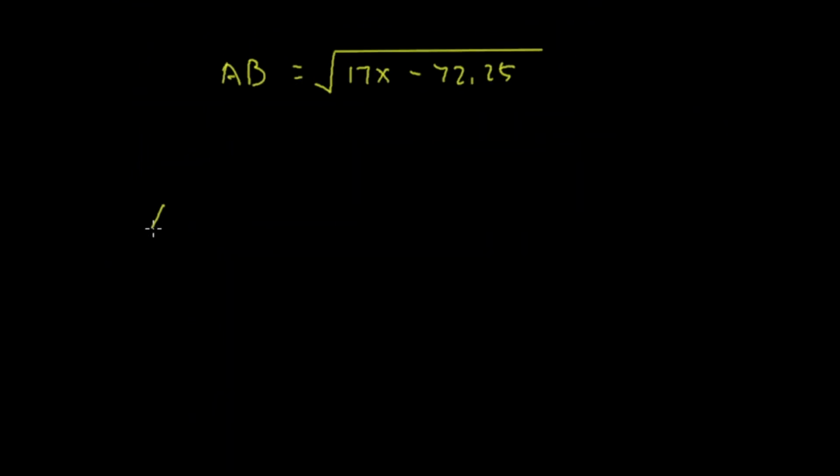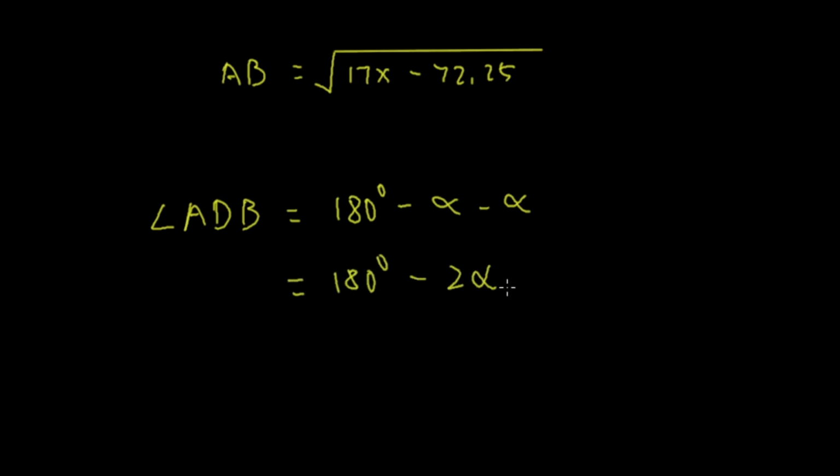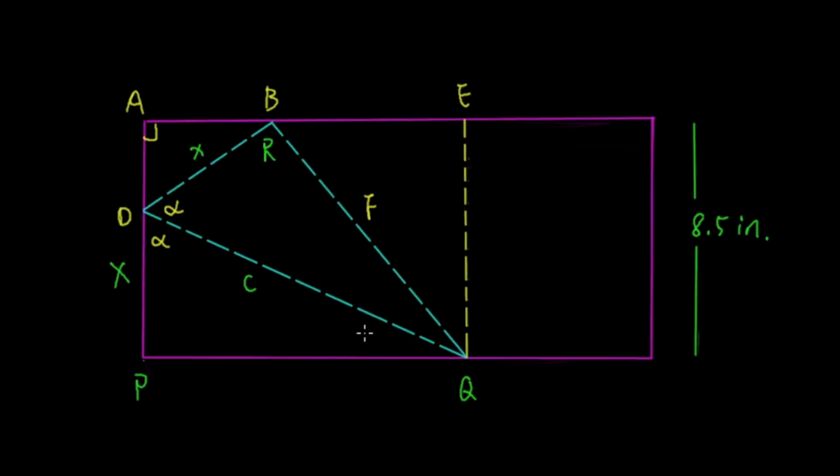Angle ADB is equal to 180 degrees minus 2 alpha. Okay, now I can write this: this one is 180 degrees minus 2 alpha, right? Now, what's this angle here?